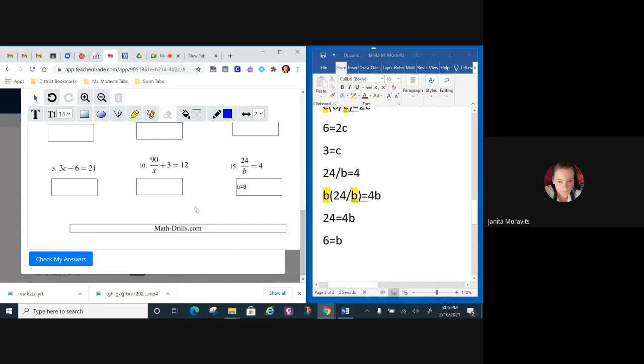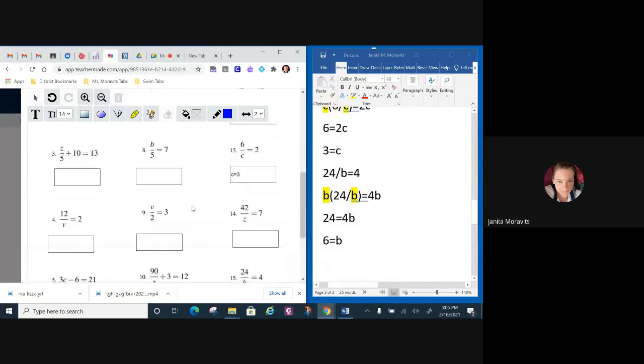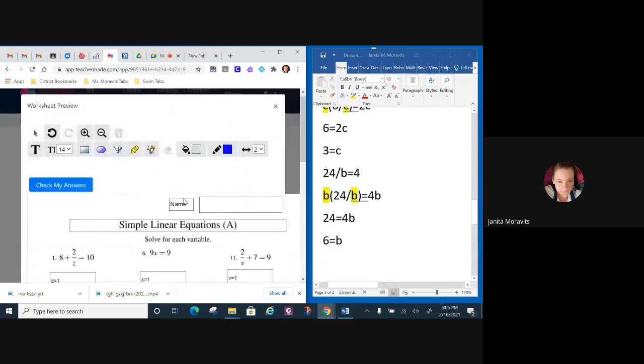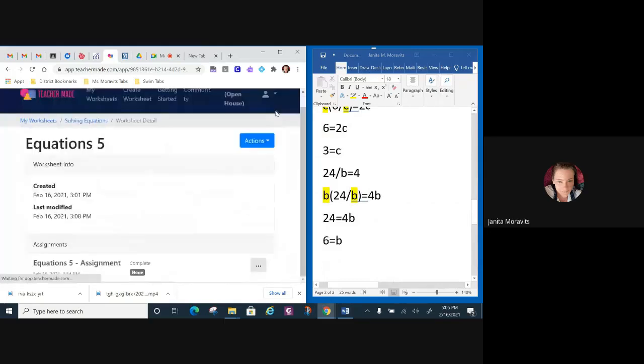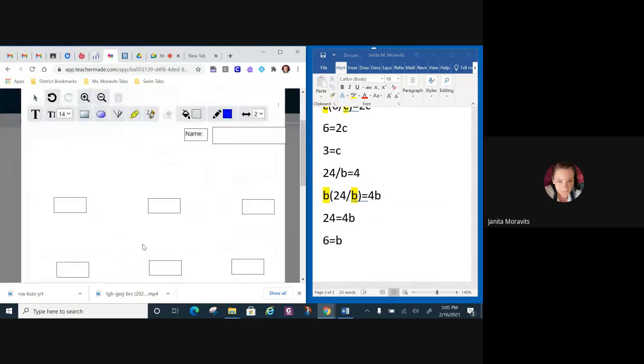So that, my friends, gets you through equations 5. We're going to look at equation 6 this time. We'll get that to come up.